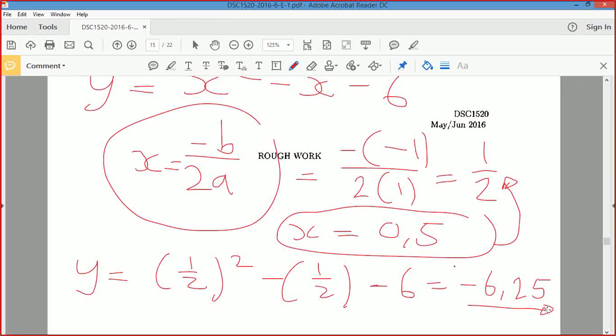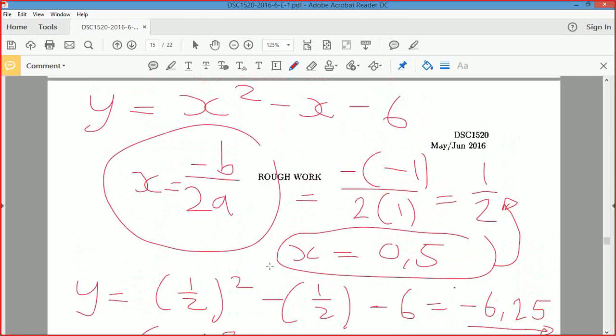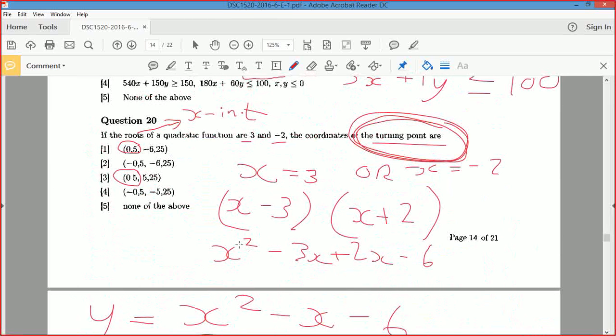Sorry, I think I'm working too quickly. Half squared minus a half minus 6. Minus 6.25. Yes. Okay, option? There we go. Okay, that's 20.